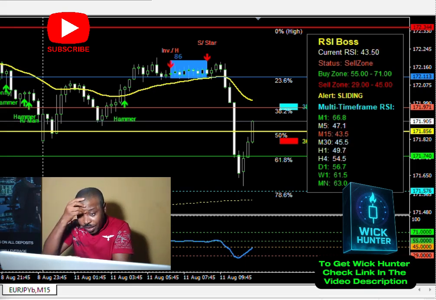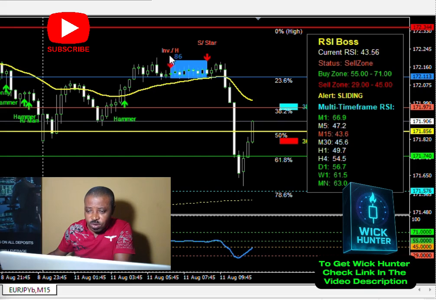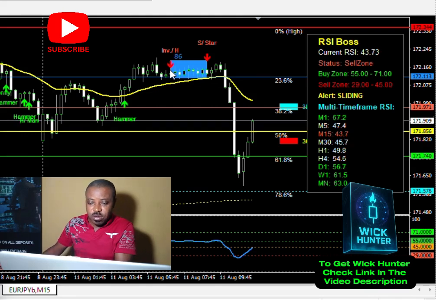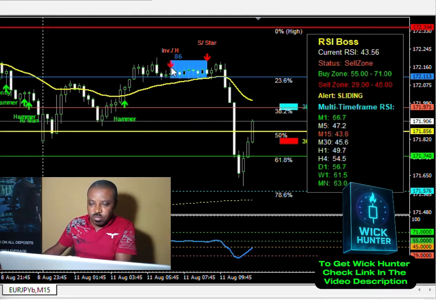So as you can see, the wick rejection here is actually screaming sell, and what we did was have this wick rejection at this point, inverted hammer, and that is the beginning of our time frame, our trading window.